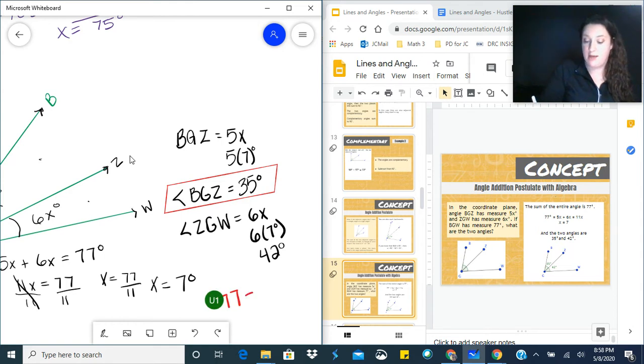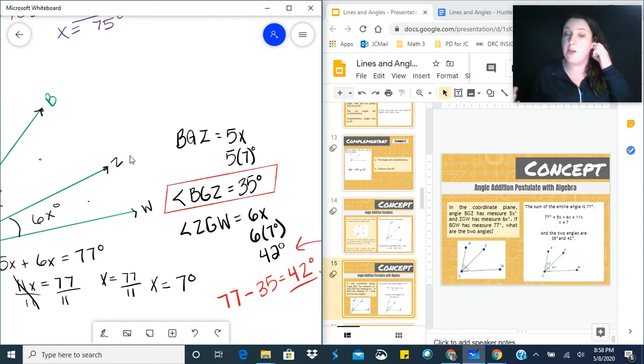We could have subtracted that 35 and we would have still gotten 42 degrees. That number and that number will be the same. So it's a good way to check your work.